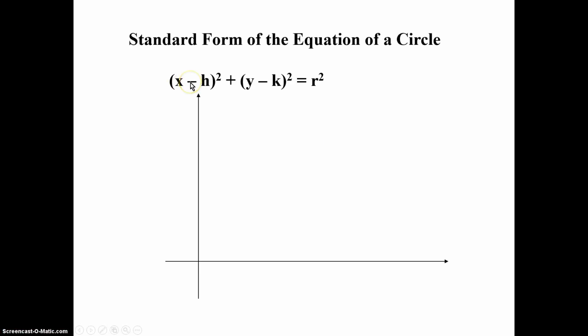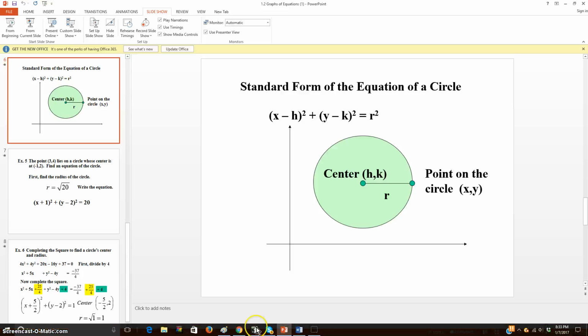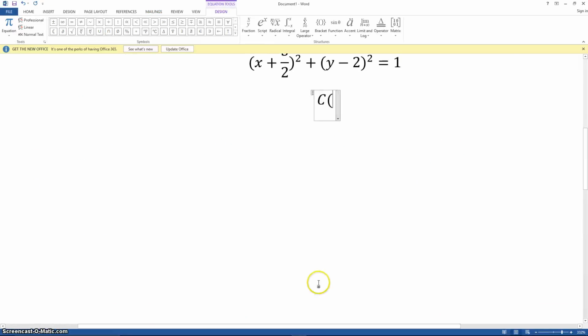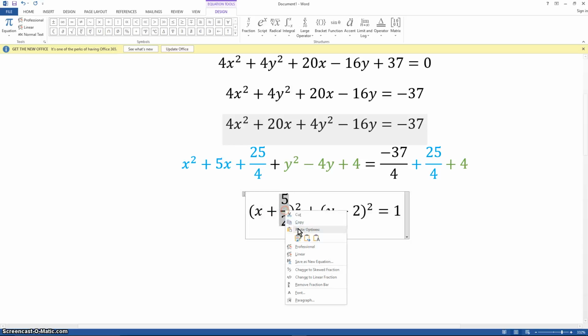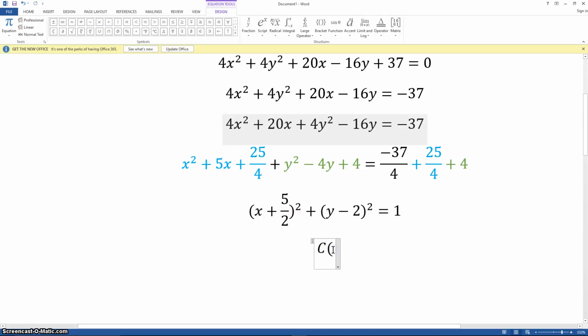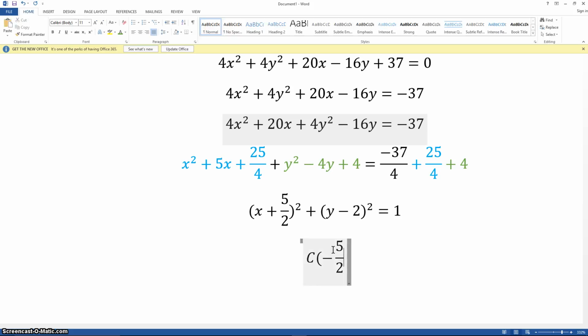This minus in the equation is telling us to take the opposite. That's what a minus is, to take the opposite of it. So that's why we take the opposite of whatever it is when we're looking at (h, k). So the opposite of positive 5/2 is going to be a negative 5/2, comma, and then the opposite of a -2 is going to be a +2.